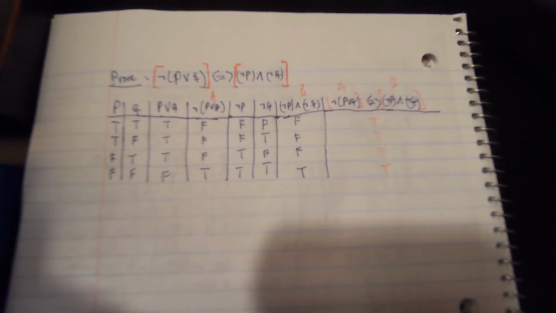So a tautology is a statement that's always true. I'll give you guys a real quick tautology. My tautology right here is that either A or not A. How about that one?